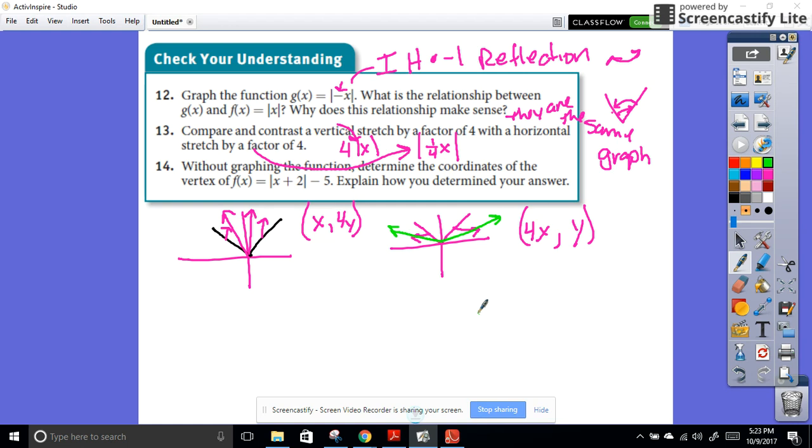Okay. Without graphing, determine the coordinates of the vertex. Okay, so let me see. This right here, outside, vertical, plus minus, so it's going to go down 5.